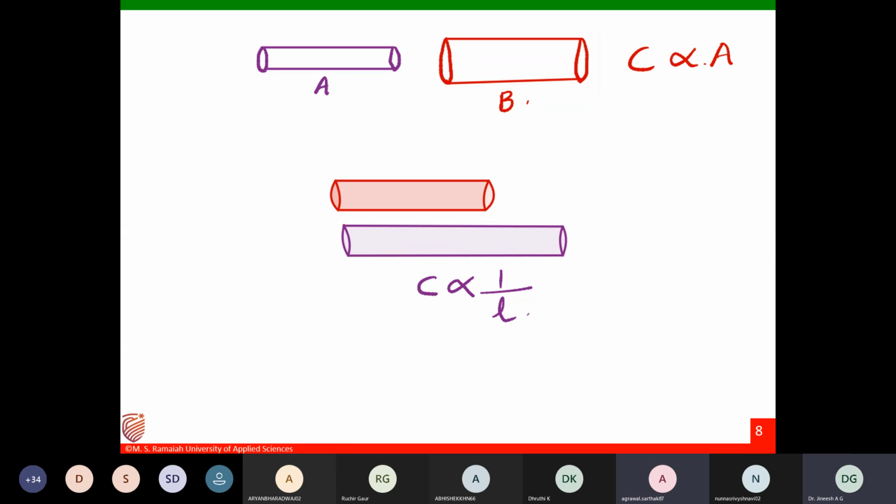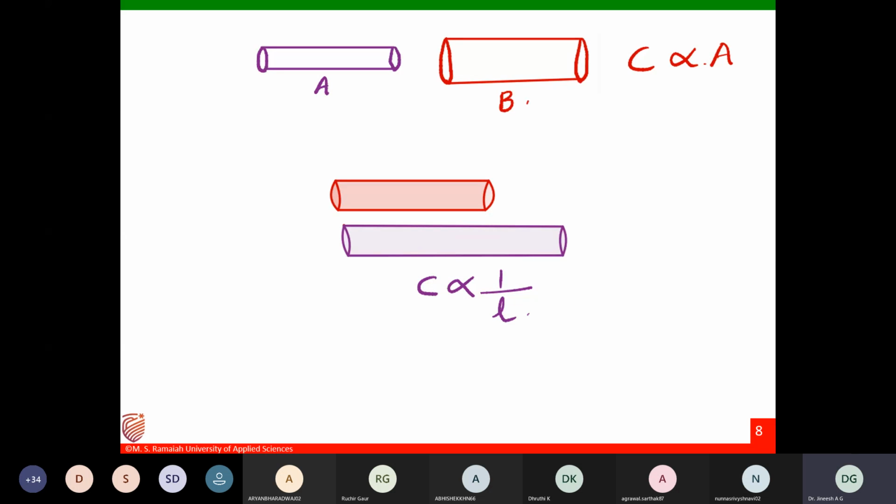No, sir. Now I have another two pipes. One red pipe, and the next, what is this color? Violet. Both pipes have the same cross-sectional area but different lengths. I want to pass water through both the pipes.